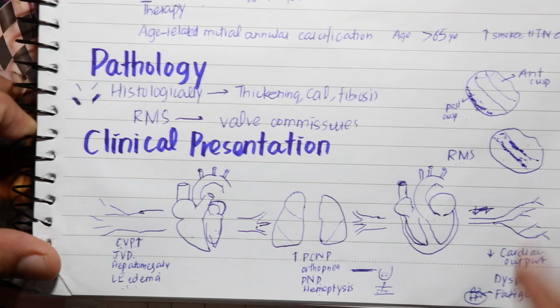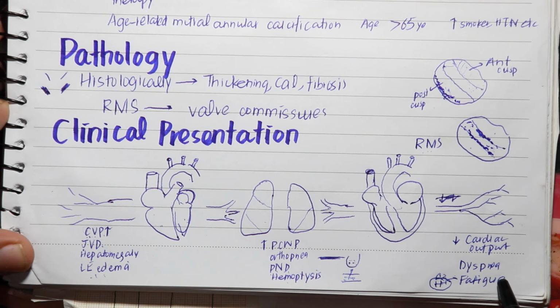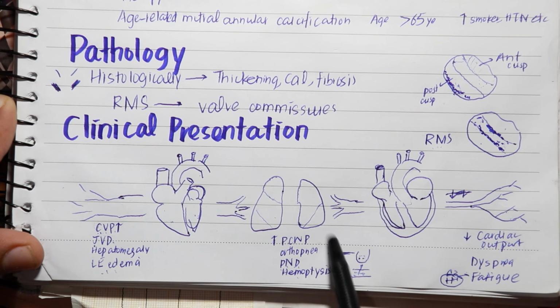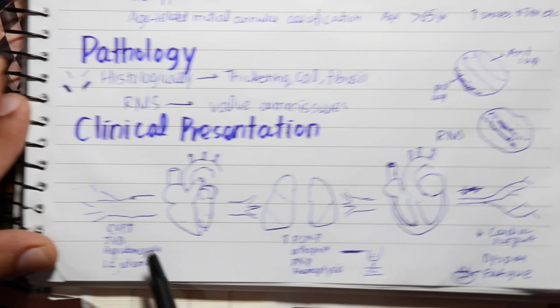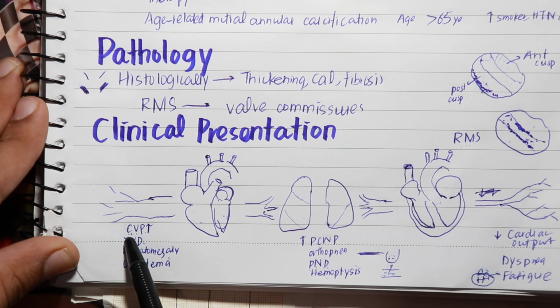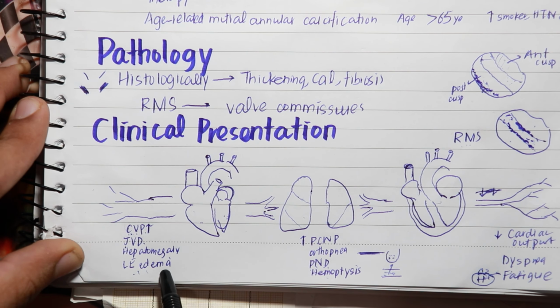All these are symptoms. The first symptoms appear due to low cardiac output: dyspnea, fatigue. Then if pulmonary capillary wedge pressure is increased, it would cause orthopnea, paroxysmal nocturnal dyspnea, hemoptysis, and when central venous pressure is increased, it would cause jugular venous distension, hepatomegaly, and lower extremity edema.